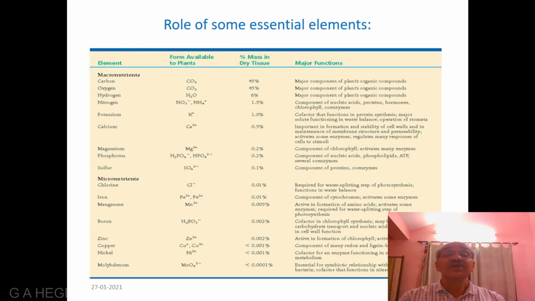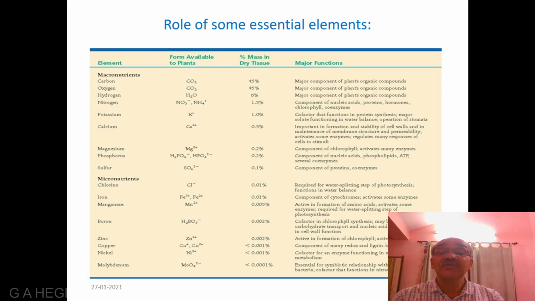The role of some essential elements. I have listed some of the essential elements and their roles in this chart. Please go through it. For example, carbon is available to the plants in the form of carbon dioxide. Major component of plant organic compound. Oxygen, available in the form of carbon dioxide.